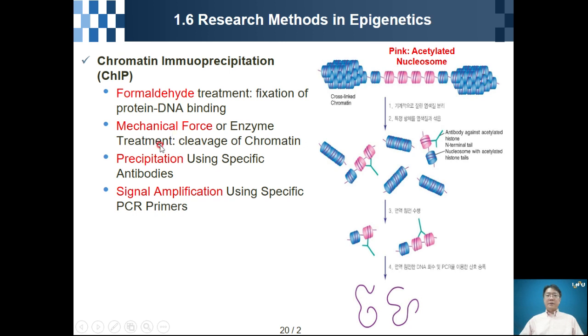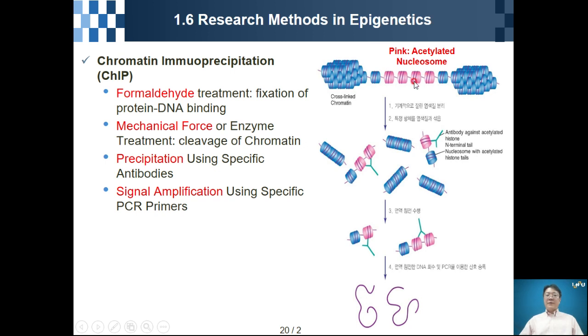After the mechanical pulses, the heterochromatin region can be cleaved, and the euchromatin region can also be cleaved. This heterochromatin region has no acetylation, but only in the euchromatin region we see histone acetylation. So this is a histone-acetylated nucleosome.